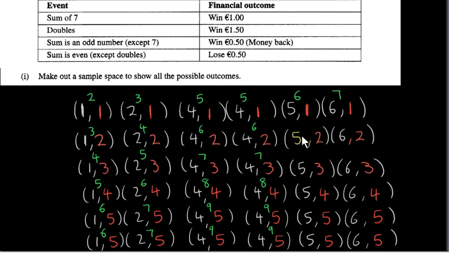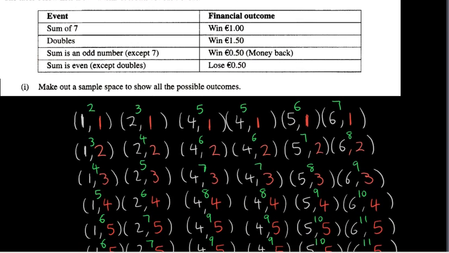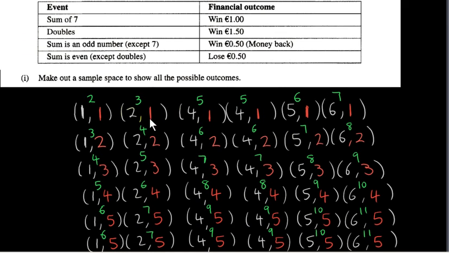And so on. Now, I'm assuming here that the dice are fair dice. So if they're fair dice, all of these outcomes are equally likely. So how many outcomes do we have? Well, we've 6 by 6, so 36 outcomes in total. And all of these outcomes have the same chance of occurring.